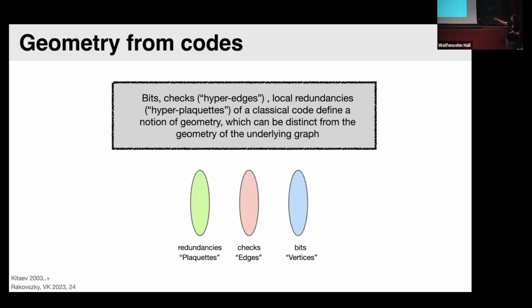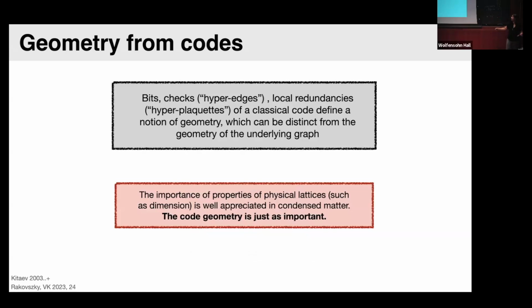So this is not really an actual edge in some geometry, but it acts like an edge because it defines this notion of geometry, which can be distinct from the geometry of the graph. And the point is the importance of these physical lattices, such as dimension, the 1D Ising model and the 2D Ising model act very differently. This is well appreciated in condensed matter, but this code geometry is actually just as important.